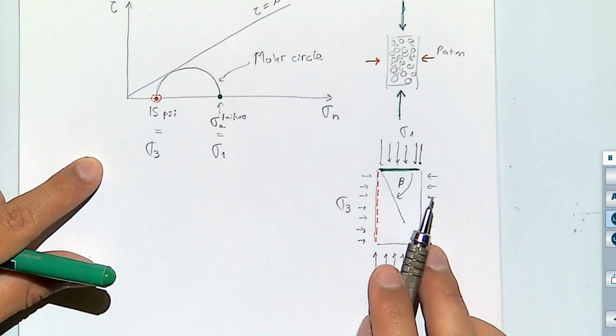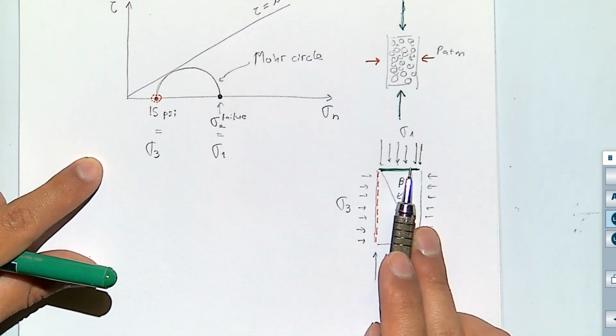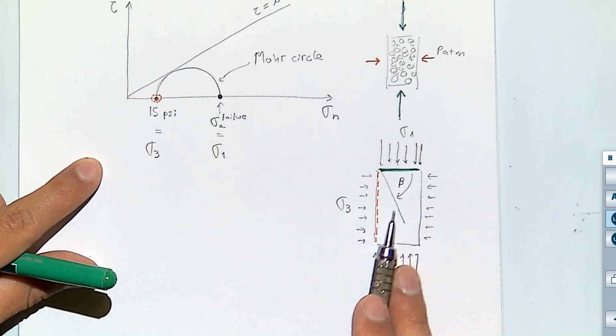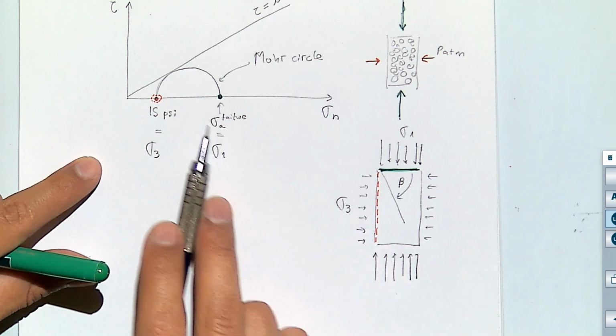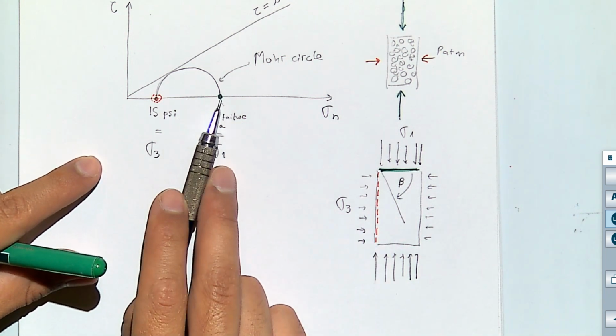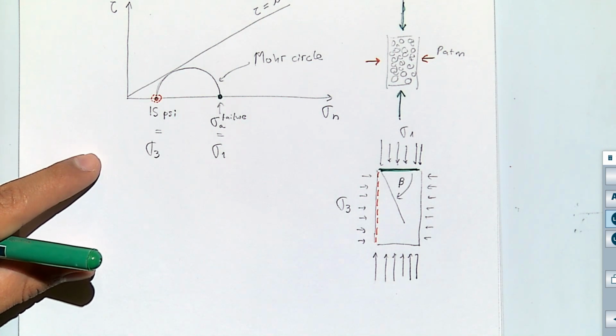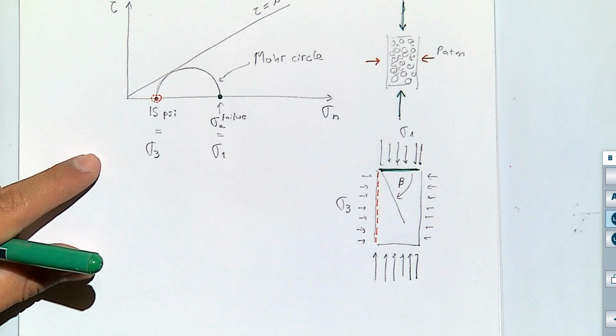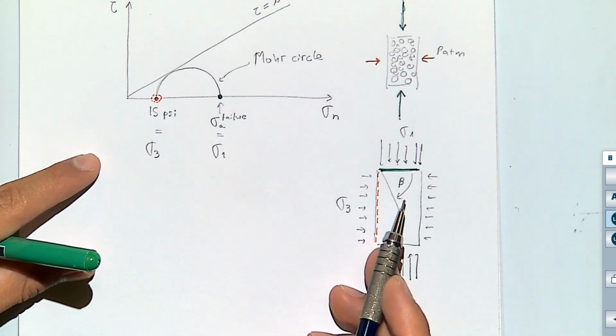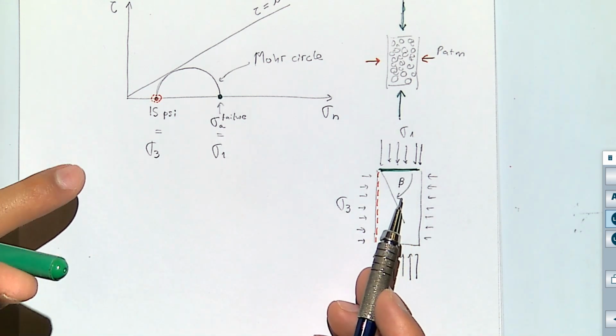Notice, when you go from the face of sigma 1 to the face of sigma 3, the change of beta is 90 degrees. But in the Mohr circle, when you go from this point to that point, the change is 180 degrees. So in the Mohr circle, the change of the angle is going to be 2 times the actual angle.